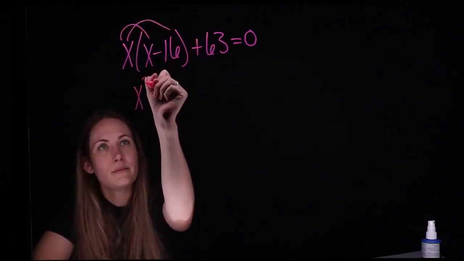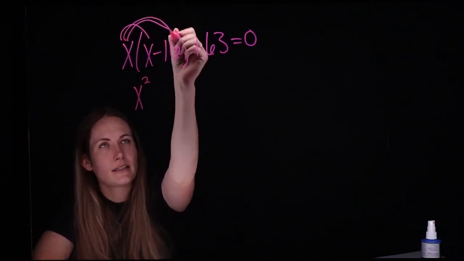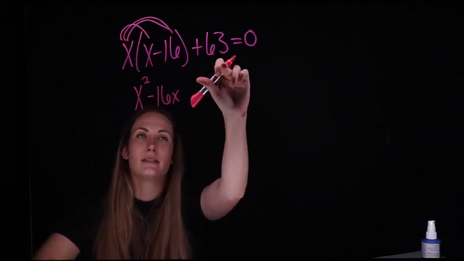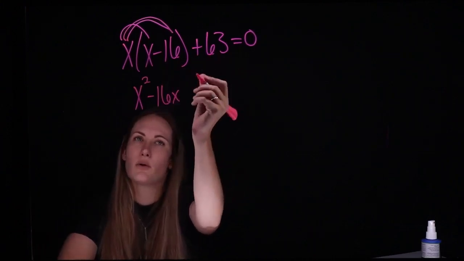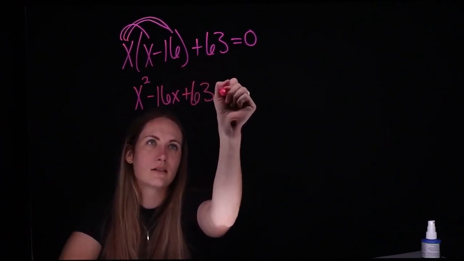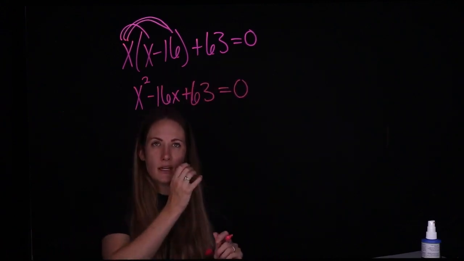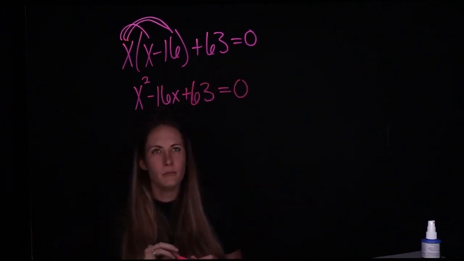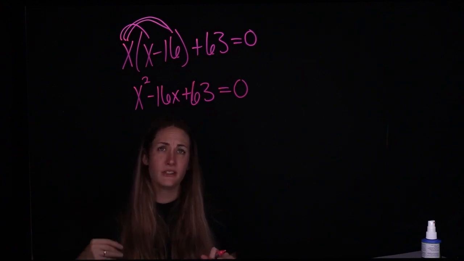So x times x is x squared. X times a negative 16 would be subtract 16x. This 63 is not in the parentheses, so it does not get multiplied by x. So it's just 63. Now that we have this in the quadratic equation, we can factor it like we have been. So I need factors of 63 that add to get 16.